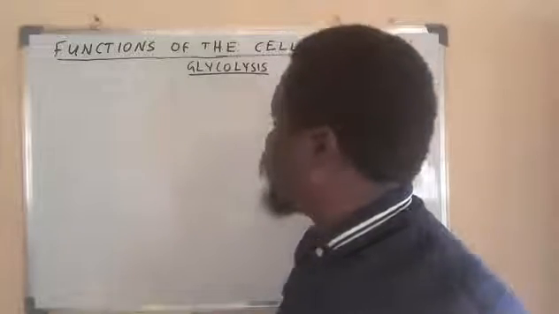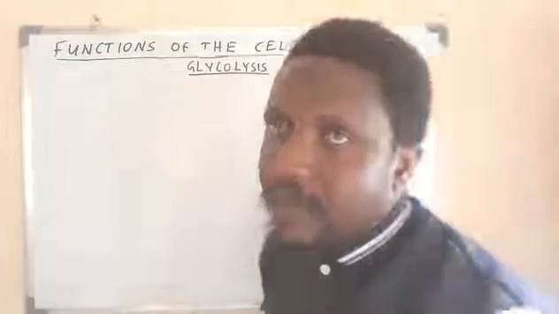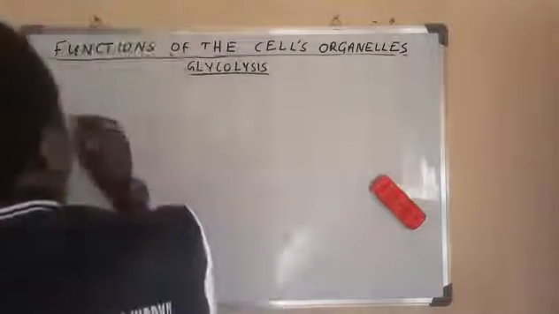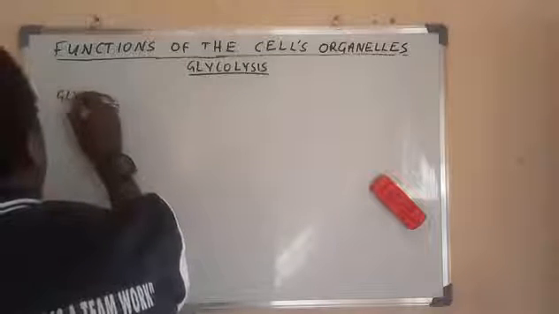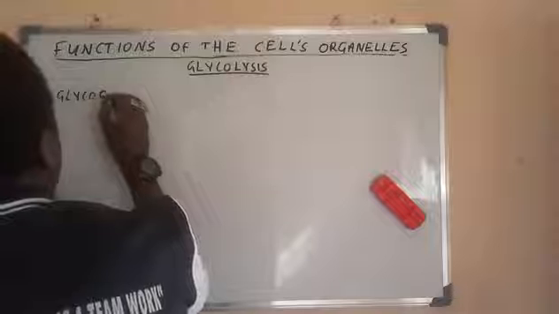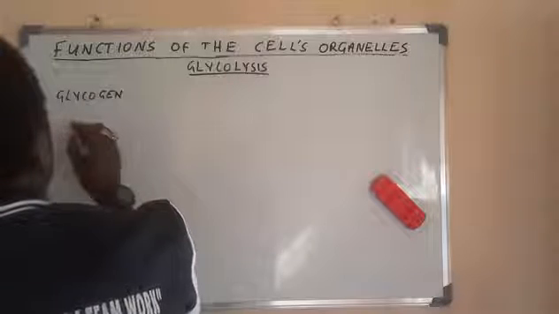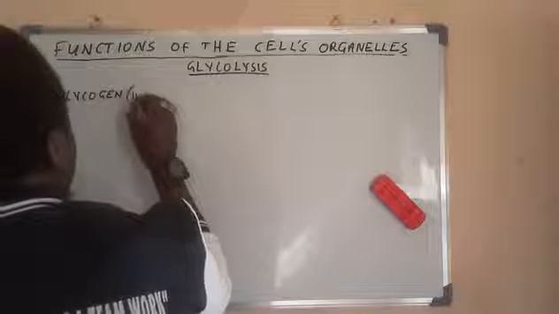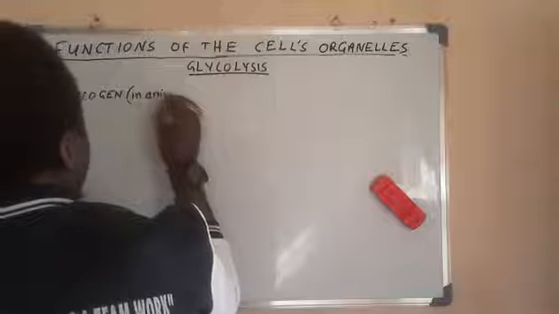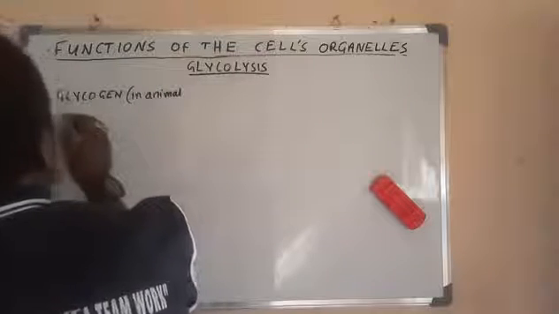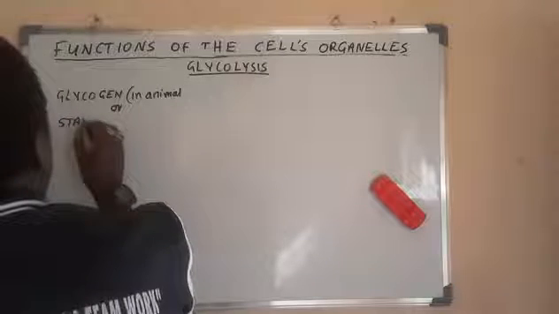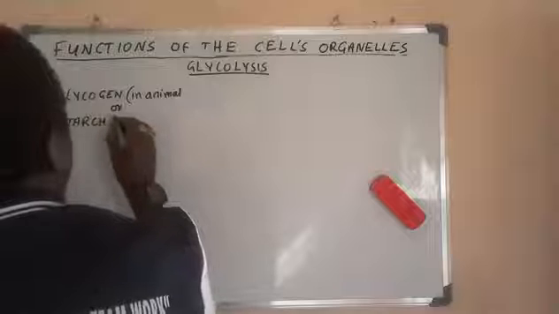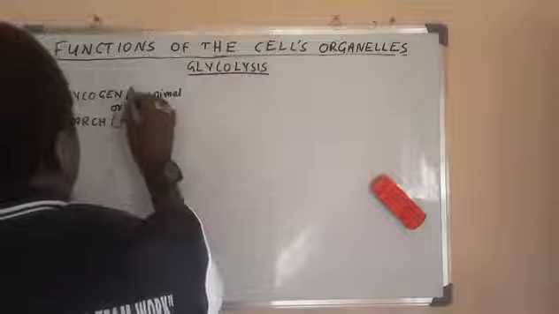You know, in the cytoplasm, there is some carbohydrate in the form of glycogen in animals, and there is some in the form of starch in plants.